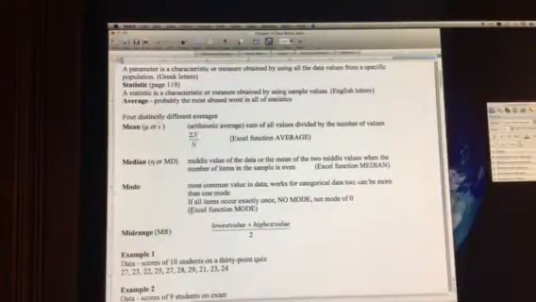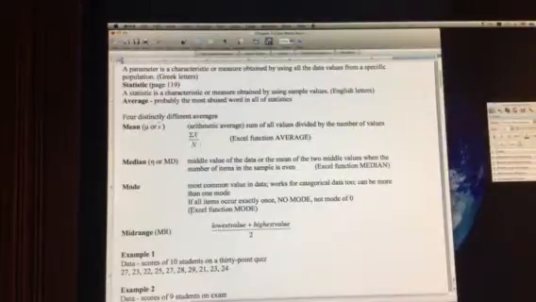So you could have 2 or 3 or maybe even 4 modes, depending on your data. The flip side of that is, if all of your items are unique, if they occur exactly once, there is no mode. And now be careful with that. You don't want to say the mode is 0. You could have that where the most common value is in fact 0, but that's a different thing. If all items are unique, you have no mode.